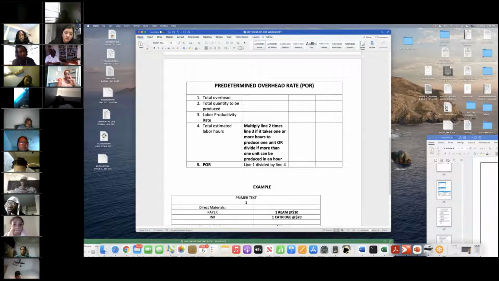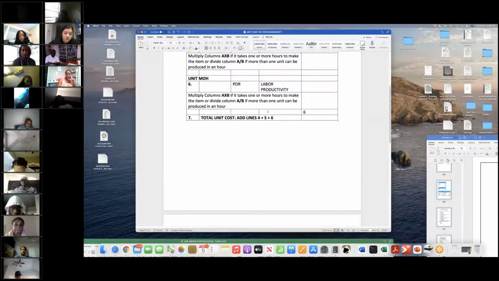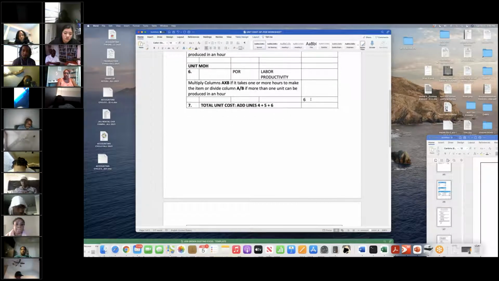Then line 5 is always line 1 divided by line 4. And whatever we get on line 5, we stick it in here and go with that labor productivity to see if we can get where we need to be.